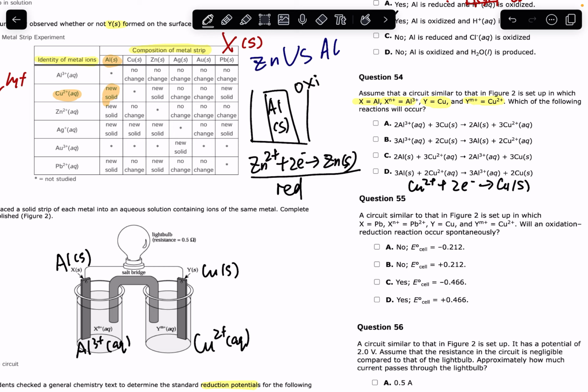And then what about Al? Al is the solid that's getting oxidized, forming 3 electrons plus the Al3+ aqueous ion.